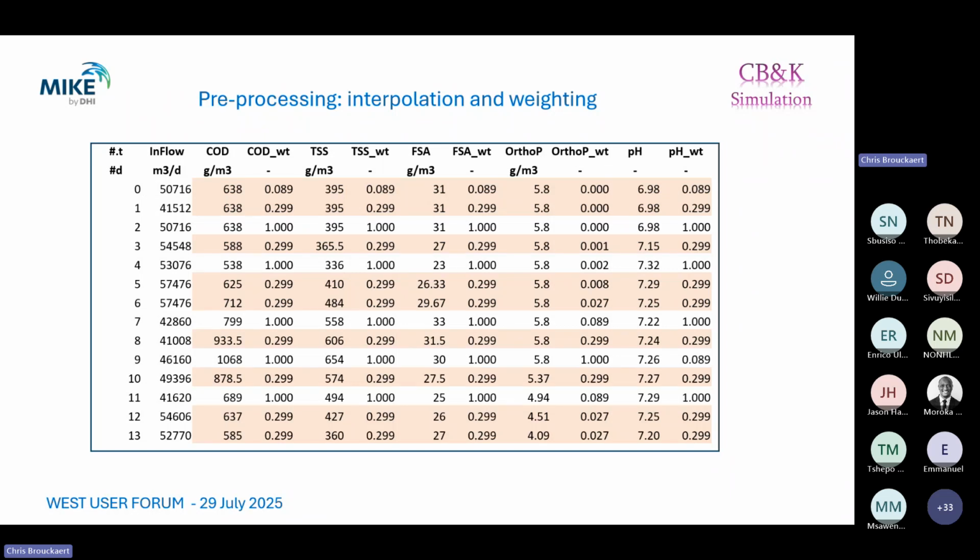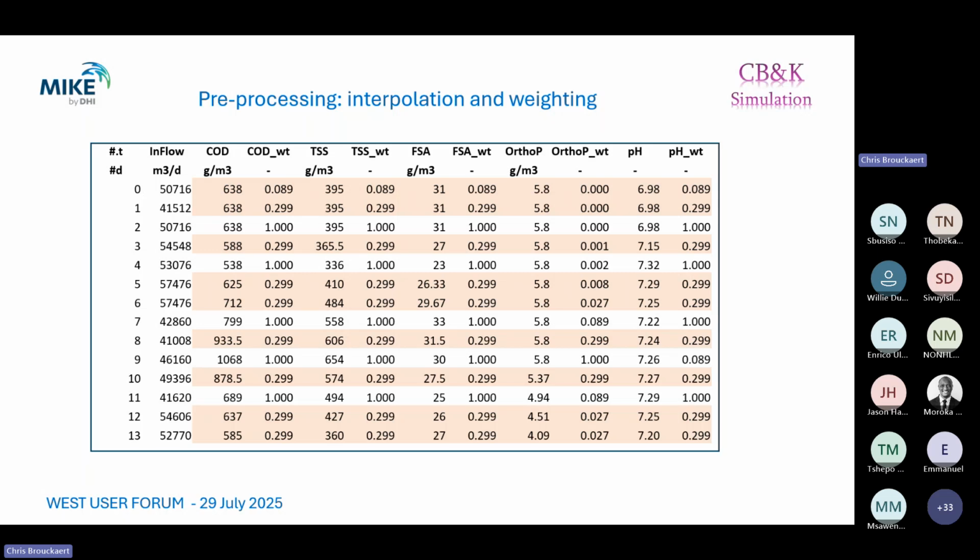Now, an actual measurement is obviously more reliable than a measurement the day before or the day after, or maybe 2 days before. So the weighting, the priority that we give to interpolated measurements is less than the priority that we give to real measurements.